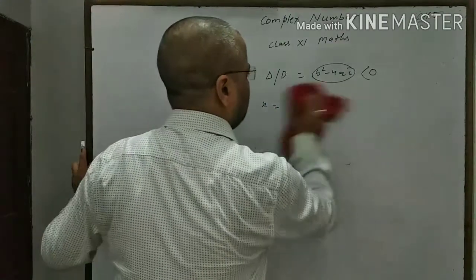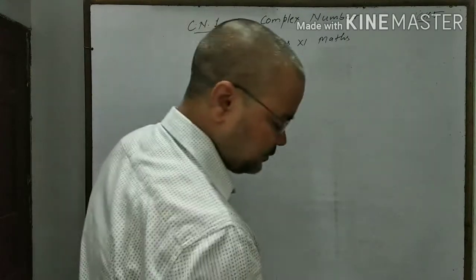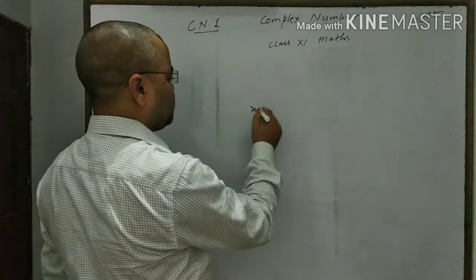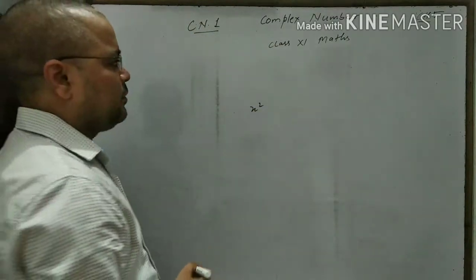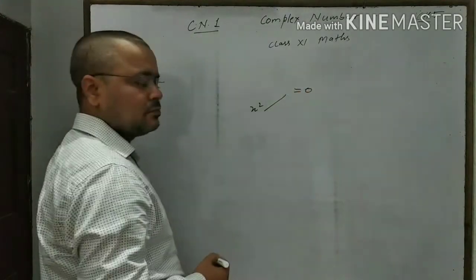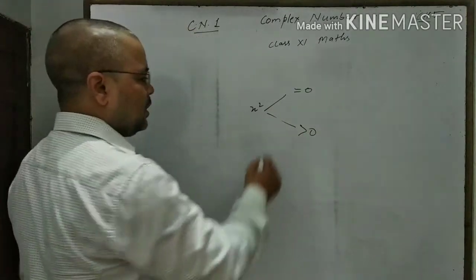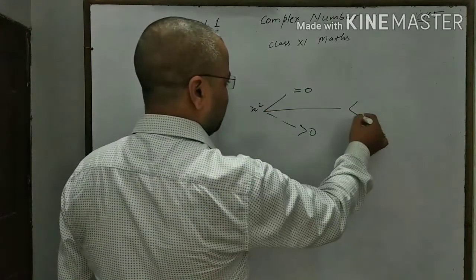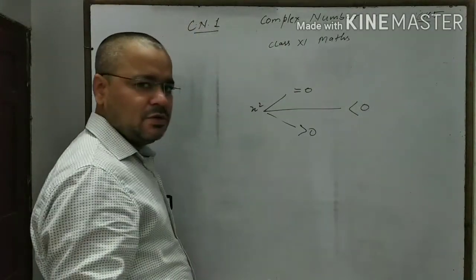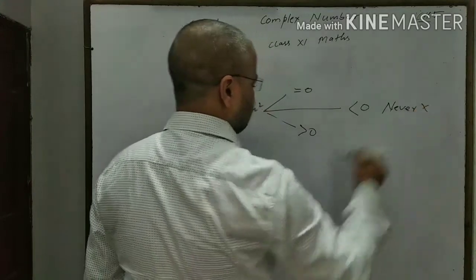Again, one more thing. If we write here x square, then its value may be equal to 0 also, and otherwise its value will always be greater than 0. It is not possible that its value is less than 0. Is it possible? Never. Not possible.